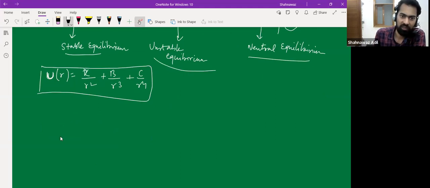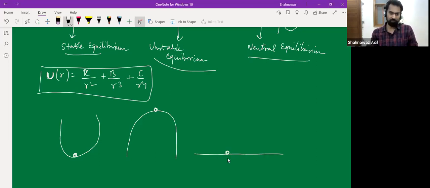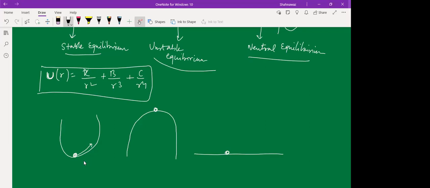Say you have a bead, and the bead is in here. And let's say you have this other bead here. If you move this bead here, what will happen? It will go here, and then it will return to its original place.